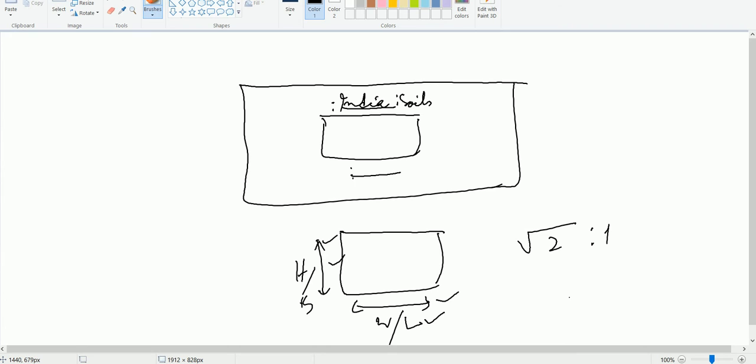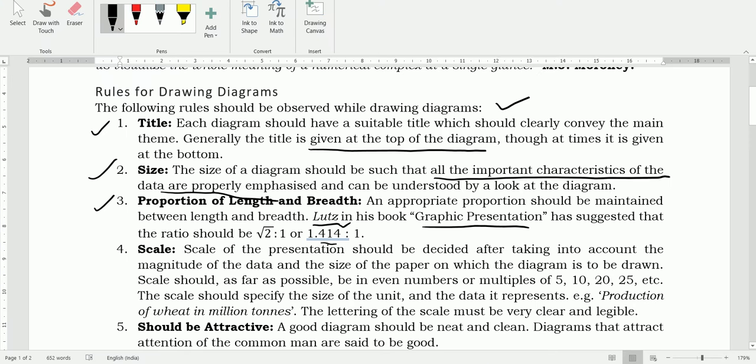Most of the time when we present a diagram, the width is a little greater than the height, and that is good.